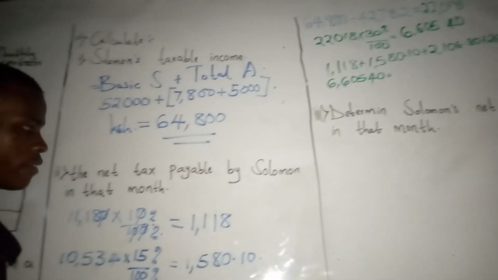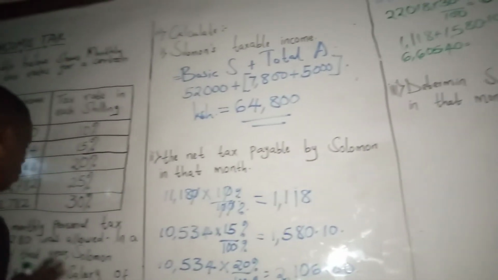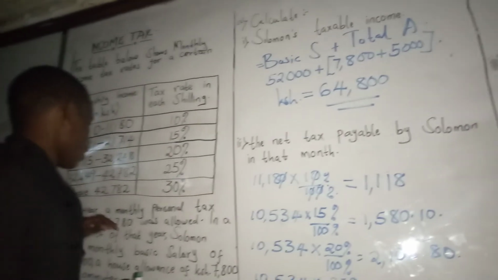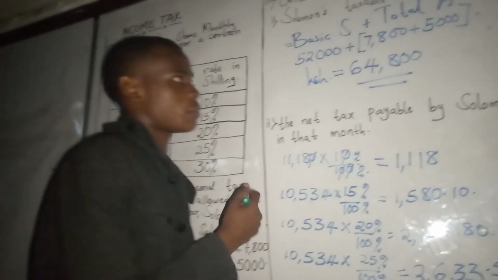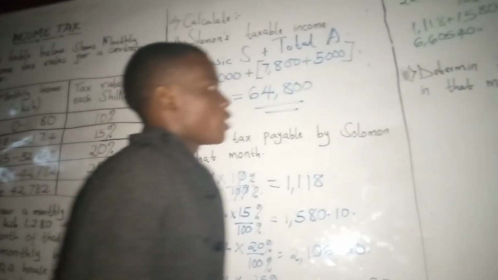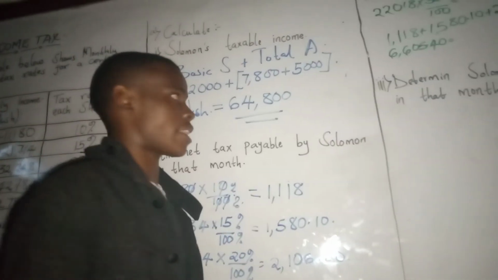After adding all of them, since Solomon was given a relief of 1,280, we are going to subtract the addition of this with the relief that Solomon was given.